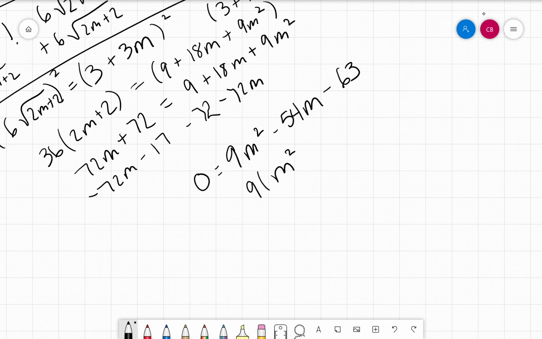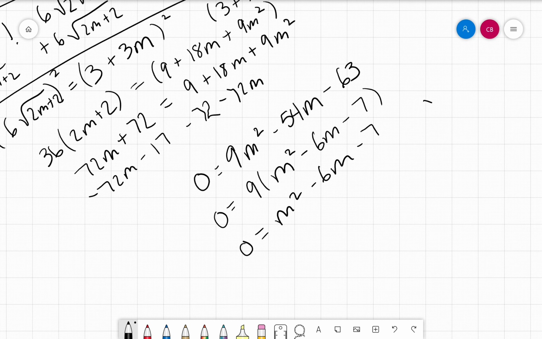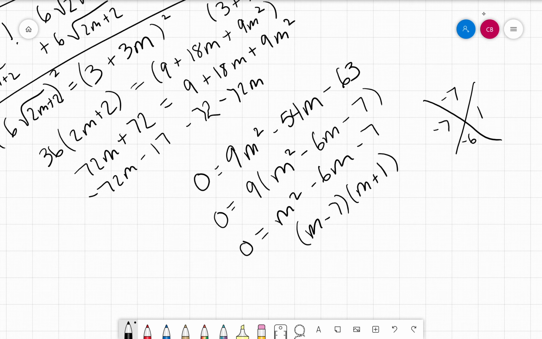This is m squared minus 6m minus 7 is equal to 0. We do the x method, negative 7, negative 6, that's going to be negative 7, and 1. M minus 7, m plus 1. So m equals 7 or negative 1.